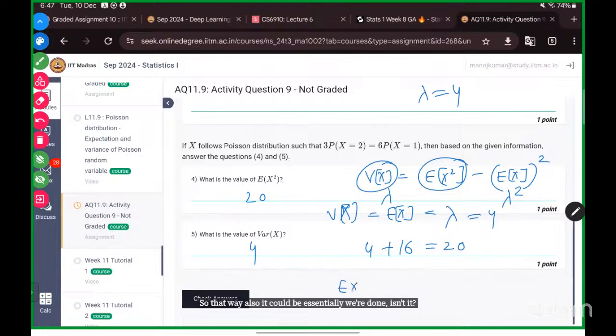When x is equal to 4, the probability never changes, right? Like how we derive it, E of x square is basically x. We say that x equal to 4, at that time what is the expectation, right?